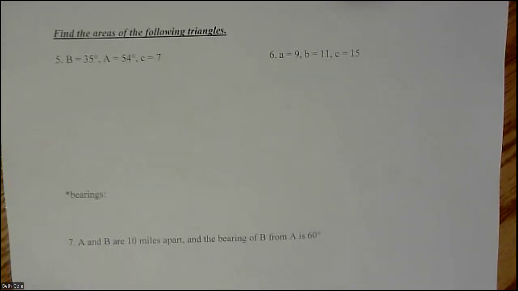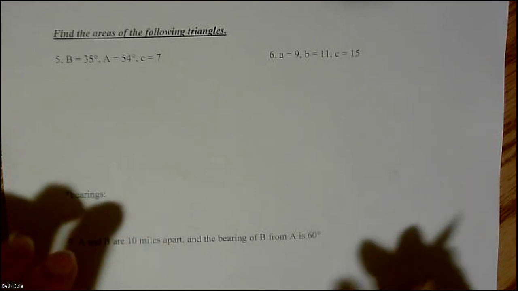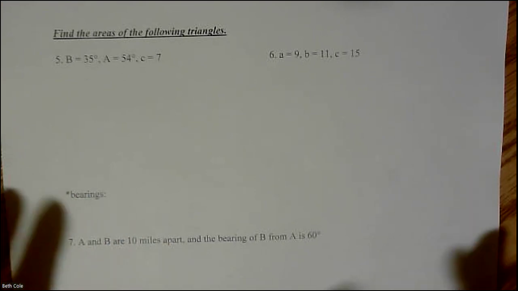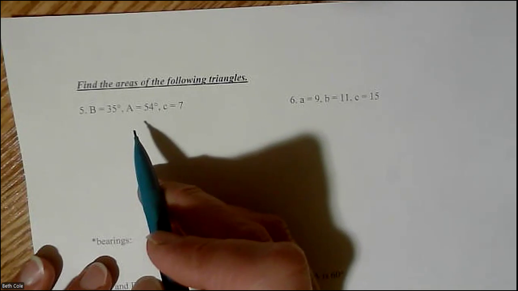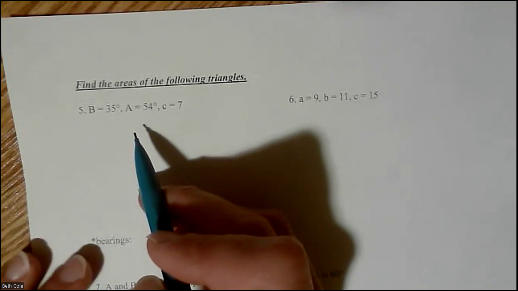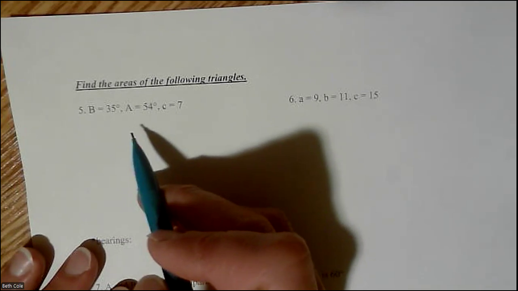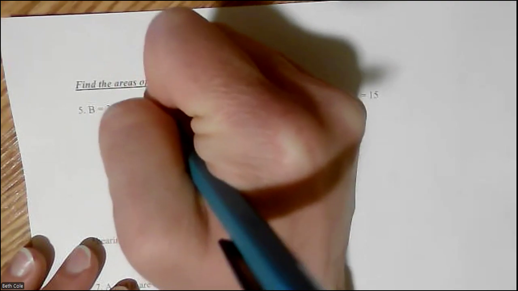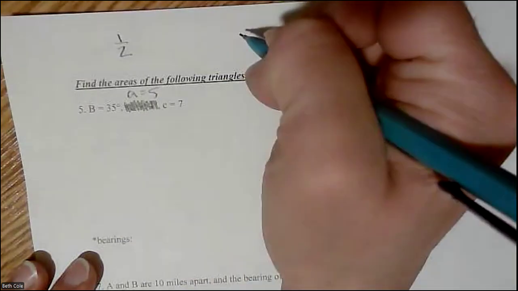I threw these on here to just review our area formulas. For this one, I actually wanted to change this. I didn't want to give you two angles and a side. I wanted to give you two sides and an angle. Looking back at my notes here, let me change this and give you side A. I just wanted to review the formula.